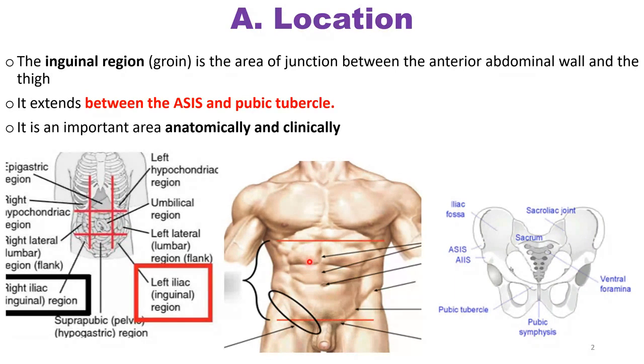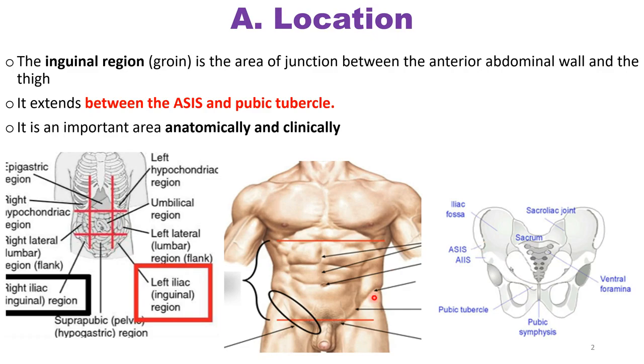All right, so I was saying that the inguinal regions are these areas on either side of the body that separate the lower abdominal wall from the thigh, and we said that they are marked by a skin crease, or what we call the inguinal line, a line that is created as a result of the underlying inguinal ligament, a ligament that runs from the ASIS down to the pubic tubercle.